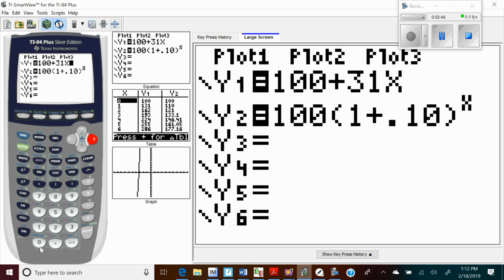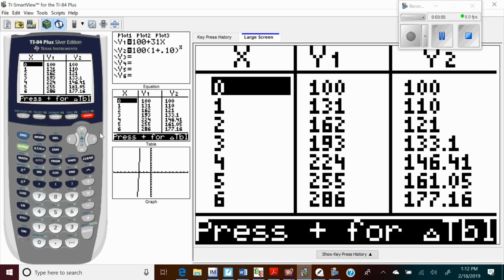So remember, I said we're going to compare it two different ways. One is with a table, and second with a graph. So we're going to start off with just the table. To get to your table, what you want to do is get to this blue up here where it says table. And you want to hit second, then that button graph, so it can pull your table up.